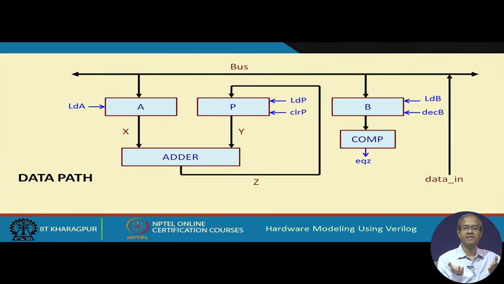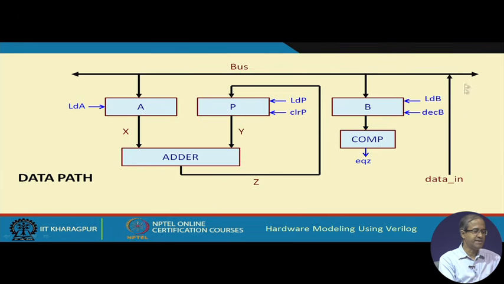It will be nothing but a multi input NOR gate, where all the inputs of the NOR gate you connect to the different bits of B. So, the output 1 means the number is 0. This is a signal which is generated by the data path, and this will be required as input by the control path. So, you see this is my data path.